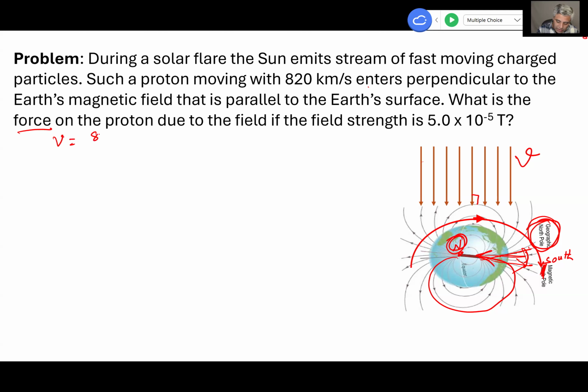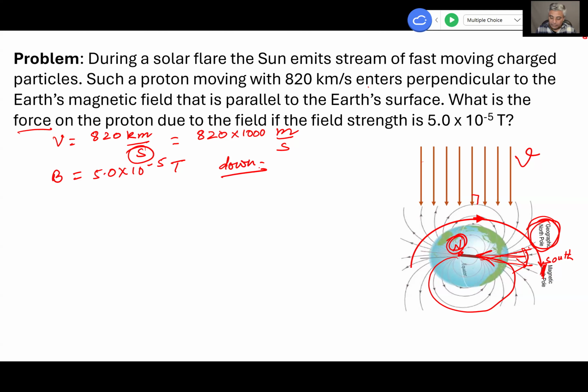So V is 820 kilometers per second. There are 1,000 meters in a kilometer, so 820 times 1,000 meters, and this is already per second, so we don't need to convert that. And the magnetic field strength is 5.0 times 10 to the power negative 5 Tesla, and it is vertically down.